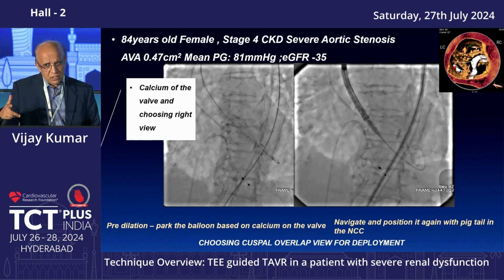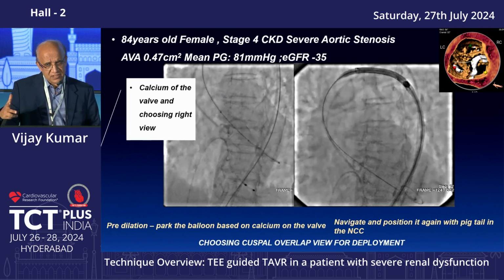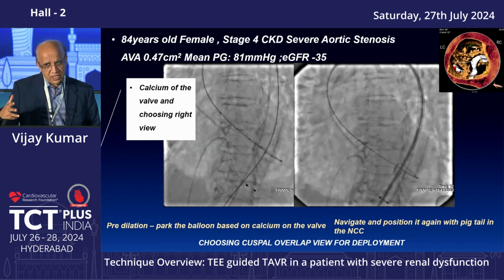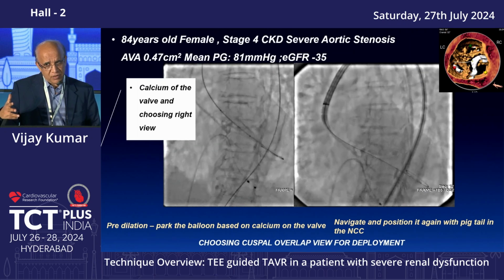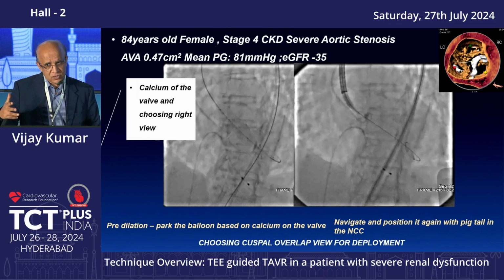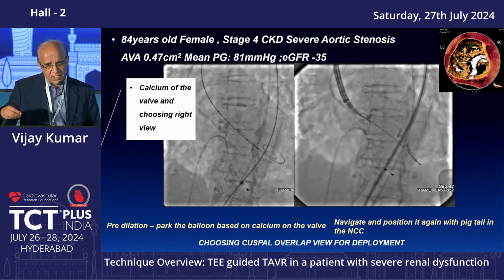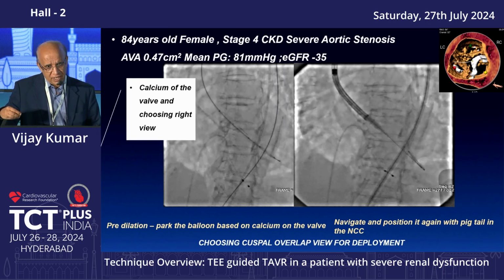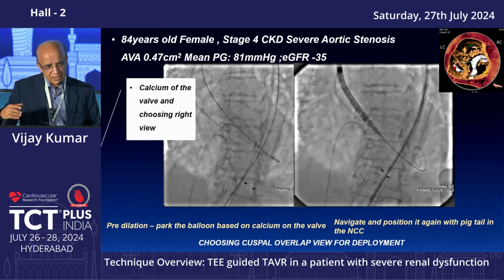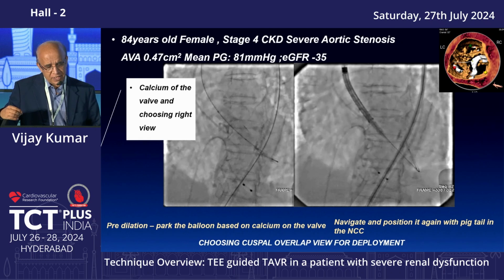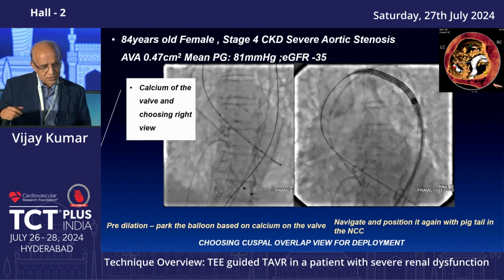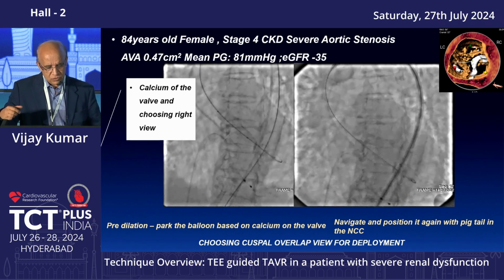Some people pace at say around 120 or 150, so that the heart rate is slow, and even a 5 ml or 10 ml contrast would be adequate enough to ascertain that yes, your device is in the right place. So that is an option you may use or you may not use.